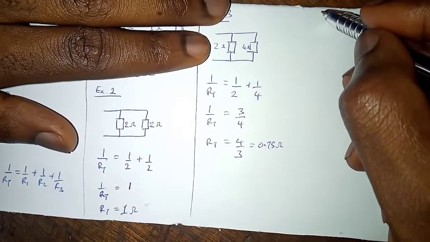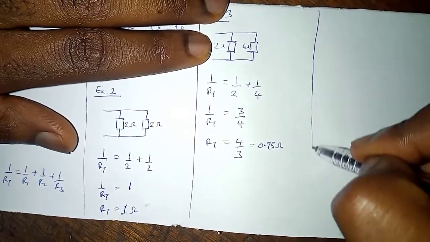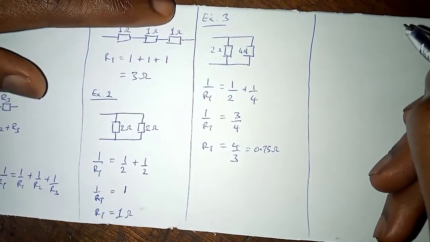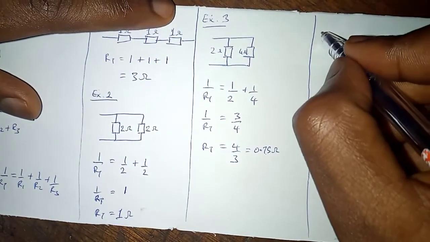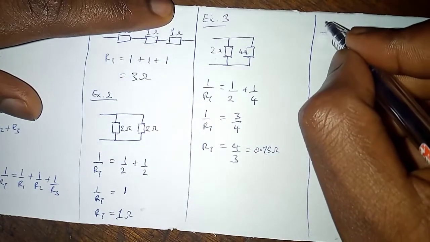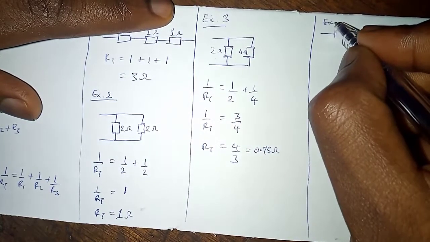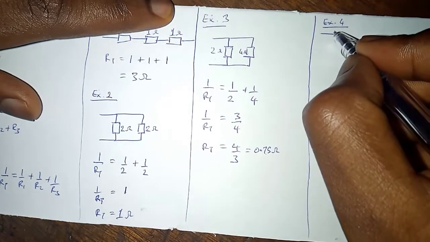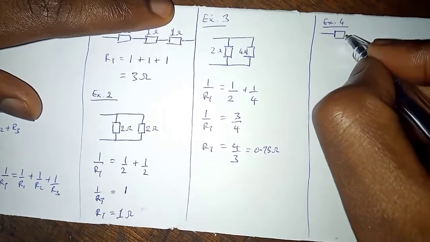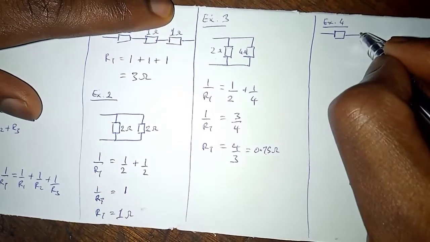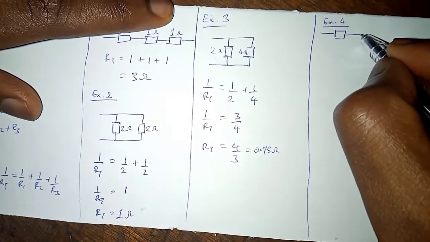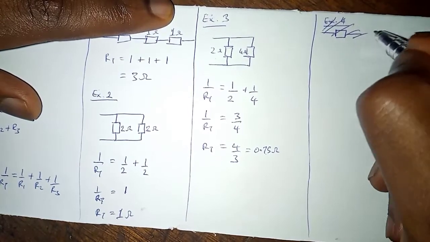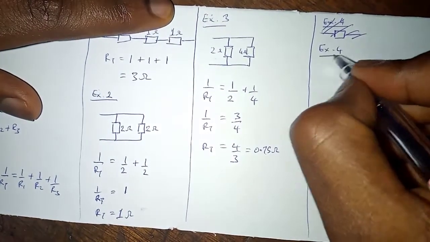Then the next example we are going to do is a combination of a series and a parallel circuit. So you have example 4 here. Example 4.